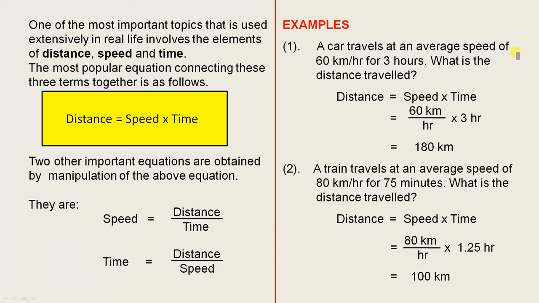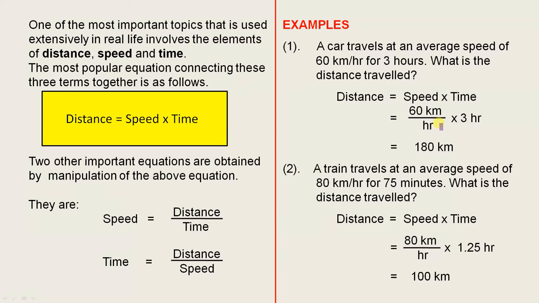Number 1. A car travels at an average speed of 60 kilometers per hour for 3 hours. What is the distance travelled? So if we use this equation here, distance equals speed multiplied by time. The speed is 60 kilometers per hour and the time is 3 hours.